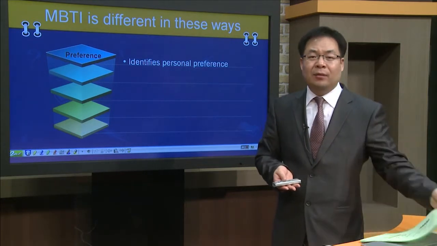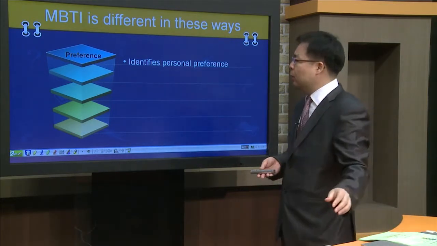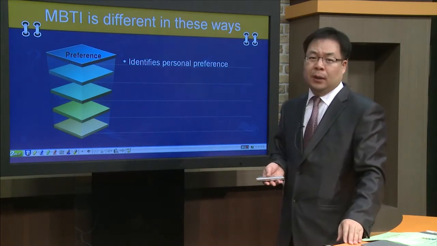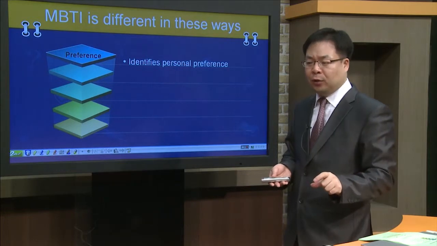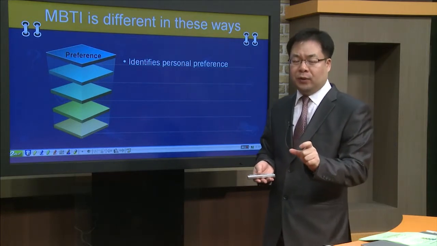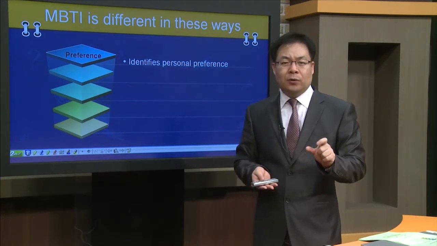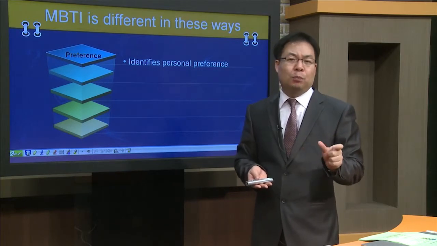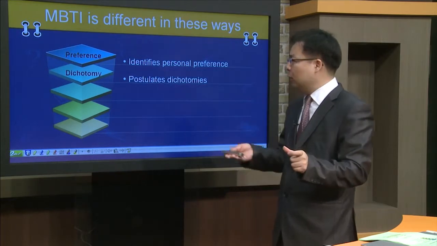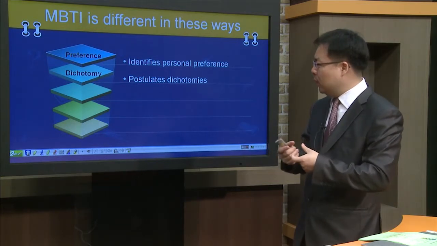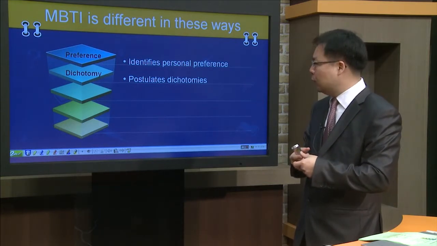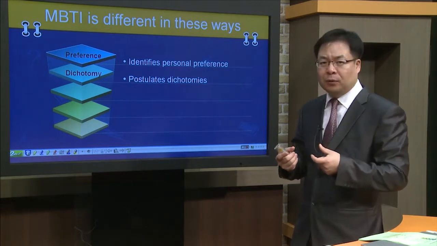I put down 5 different characteristics here. The first one is preference. All the questions in MBTI ask you to choose one of 2 choices. In other words, this testing asks you your preference. That's why it is composed of dichotomous choices. It postulates dichotomies.